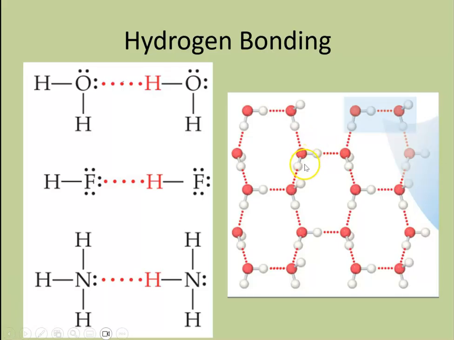And so in an ice crystal, this image doesn't really give it justice. You can see some water molecules making as many as 3 hydrogen bonds, but if we were showing this more in 3 dimensions, you can see that each water molecule in an ice crystal actually makes 4 hydrogen bonds. And again, they are not covalent bonds.